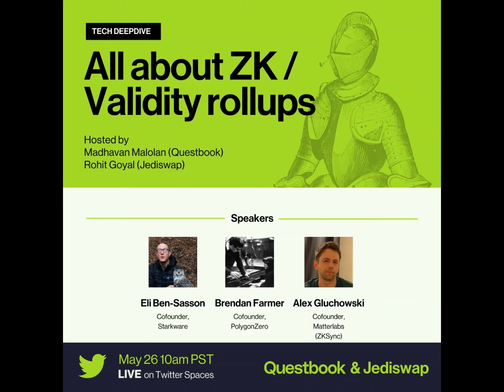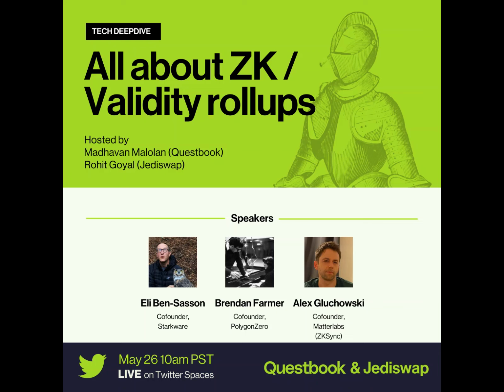Thanks a lot for that explanation, Eli. This is the first time I've been able to get that into my mind. So I also wanted to ask Brandon, since Polygon has been working on various kinds of validity rollups, I'll let Brandon clarify if they use any kind of ZK in their rollup.